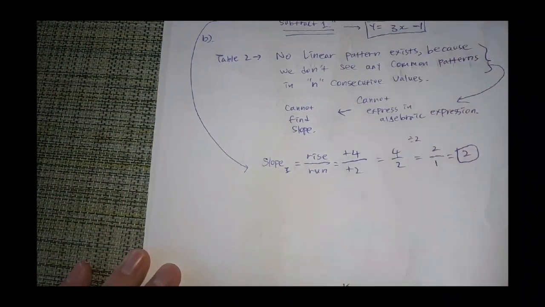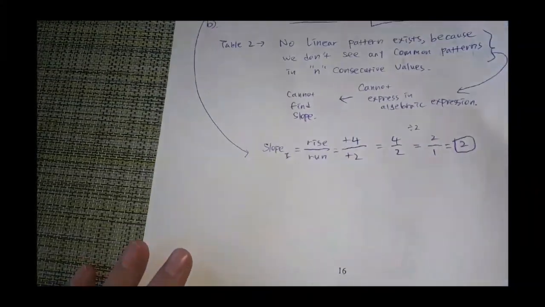But when it comes to the next one, we cannot. And the way that we can find it is, if we graph everything, it will be more evident.